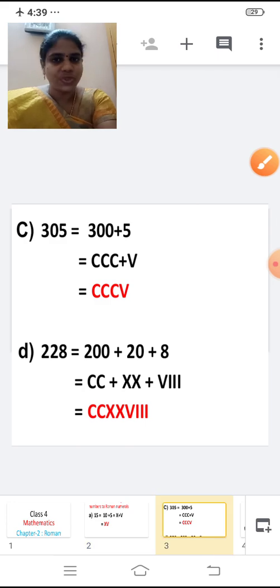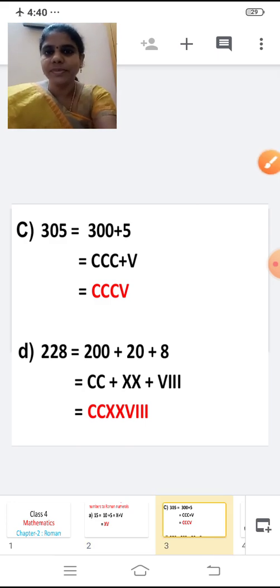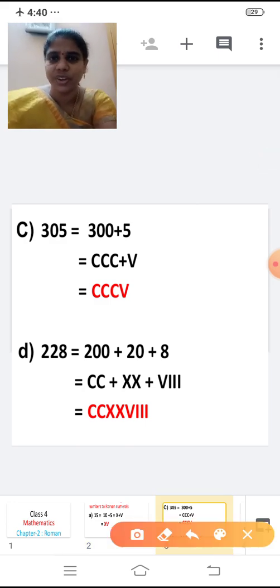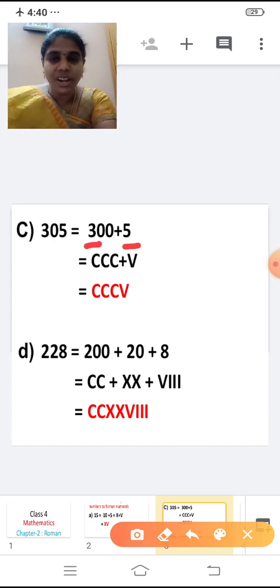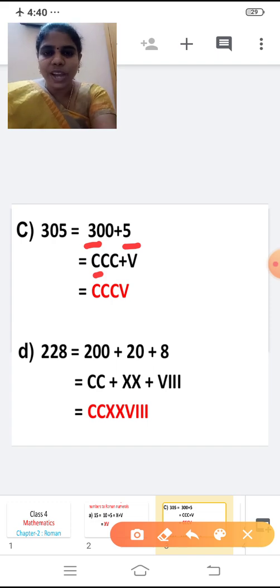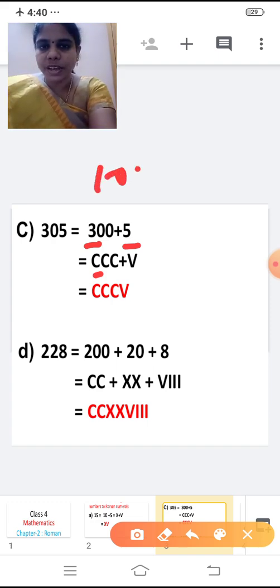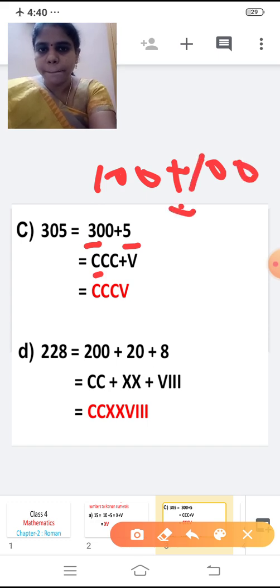So third one, 305. How to write 305? 300 plus 5. Now 300. 100 plus 100 plus 100 is 300, right?